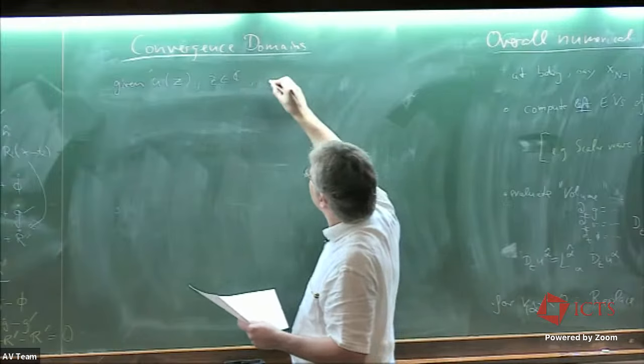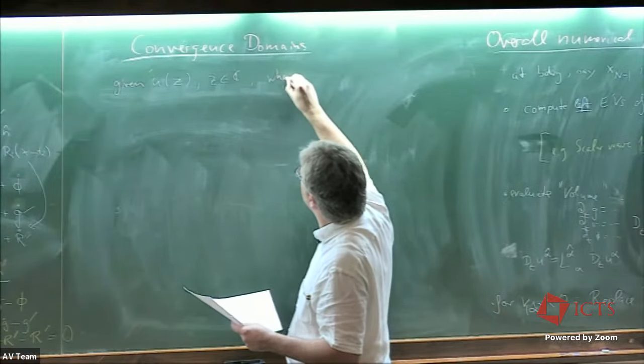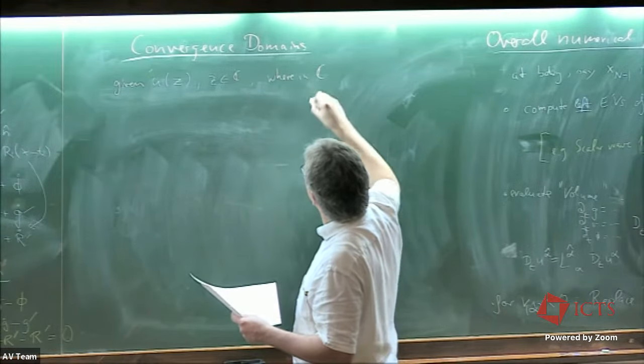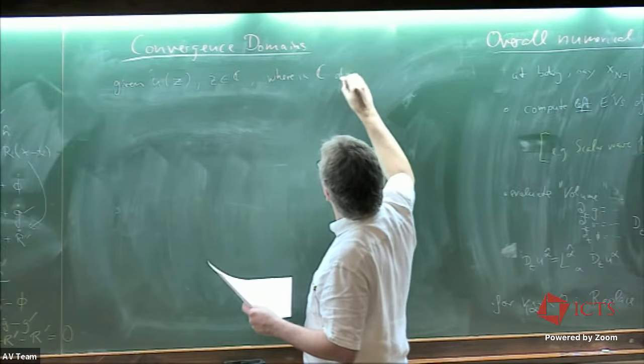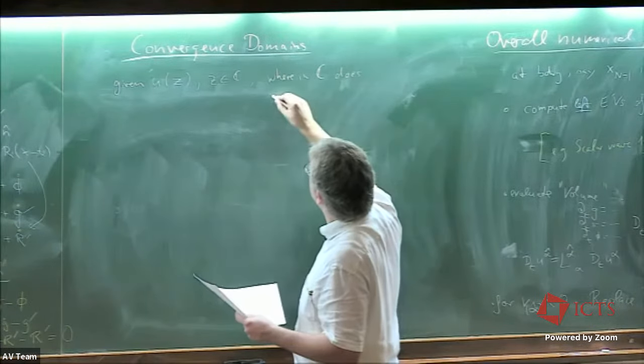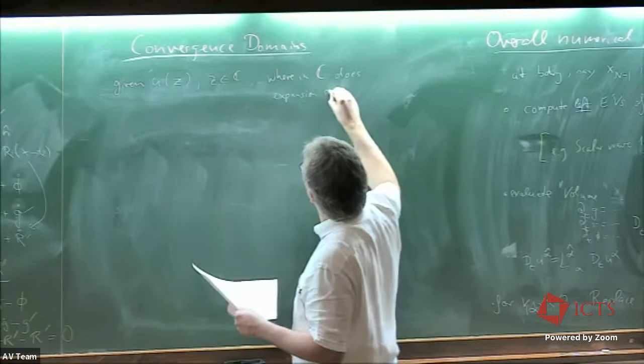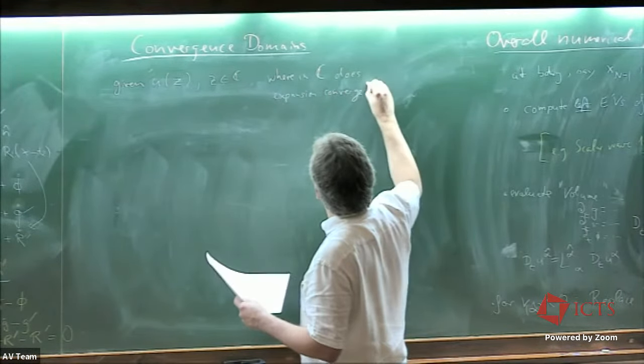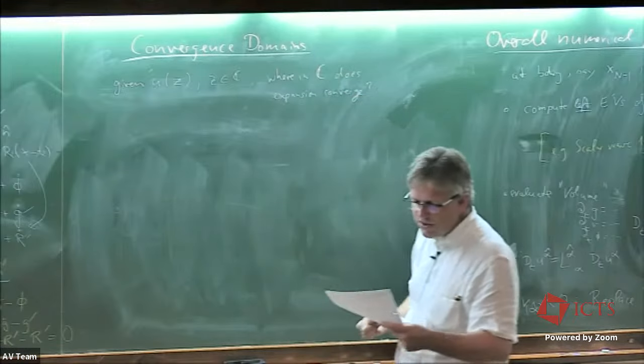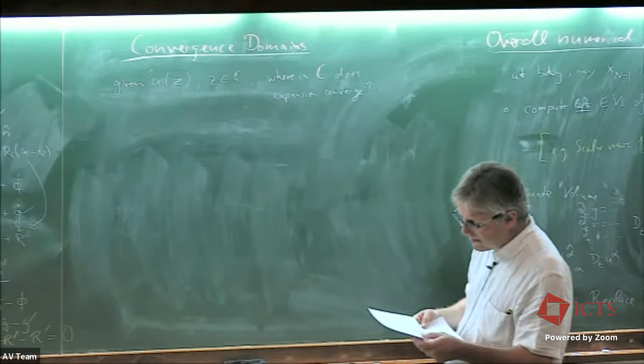The question is, where in C does the expansion converge? The question will become a little bit clearer once I'm back at the Taylor series.